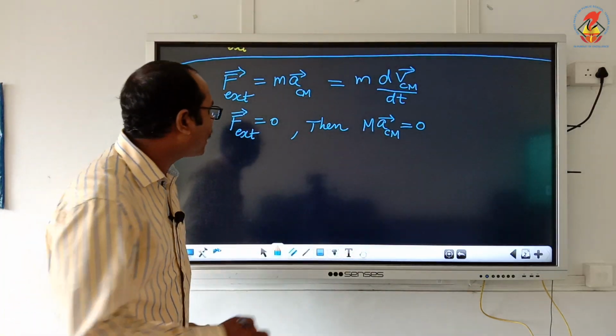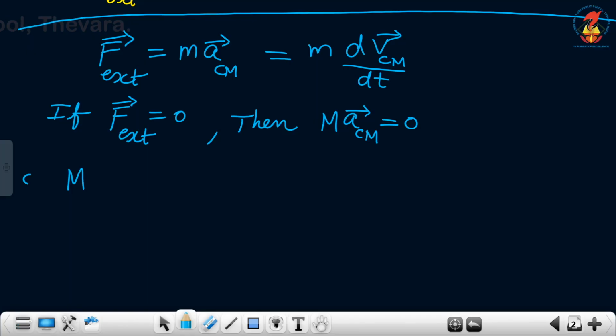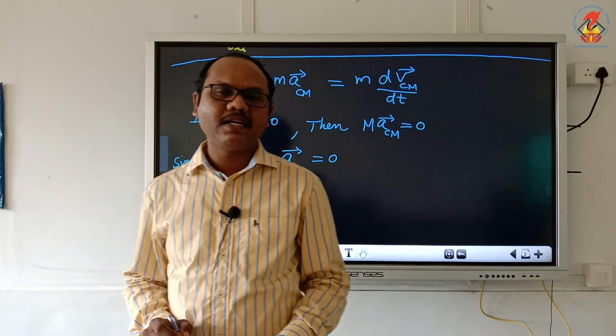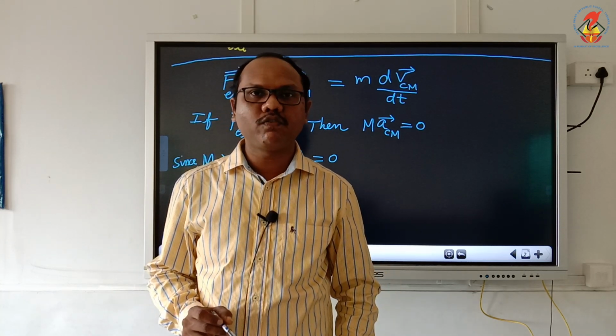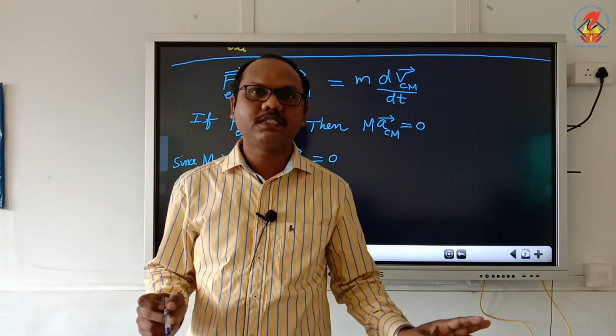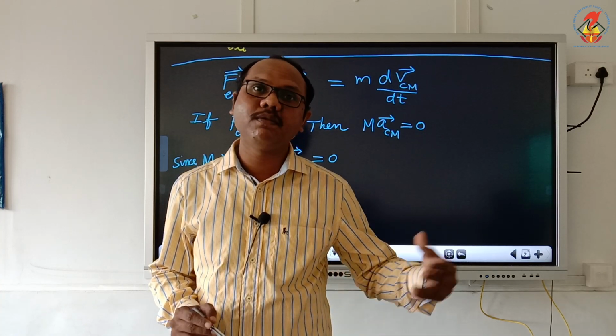So, if mass can't be 0, I will be writing like this: since M cannot be 0, acceleration of the center of mass is equal to 0. That means, if no external force is acting on the system, the acceleration of the center of mass will be 0.